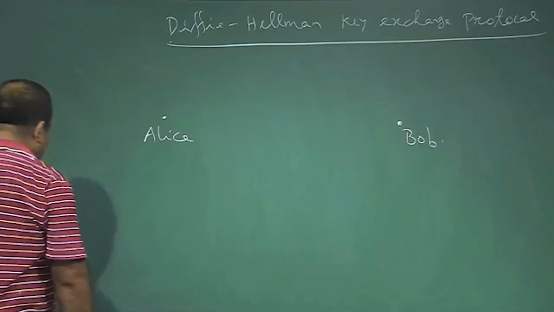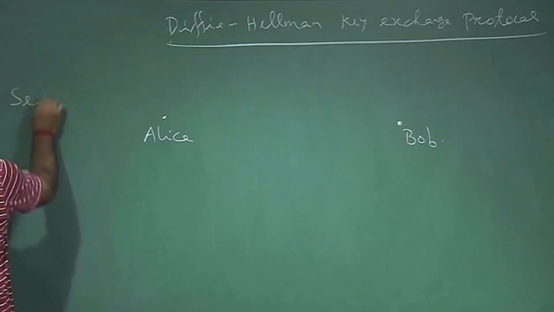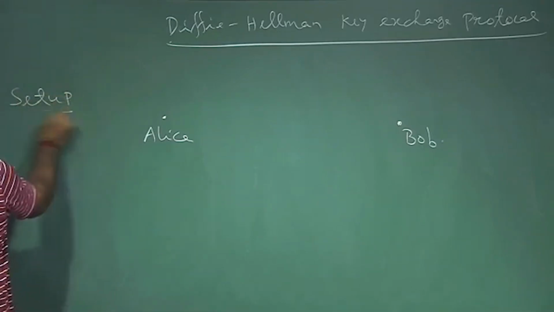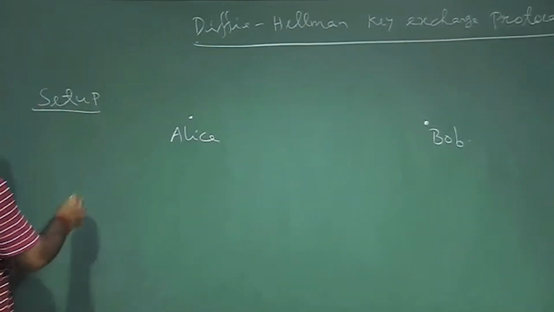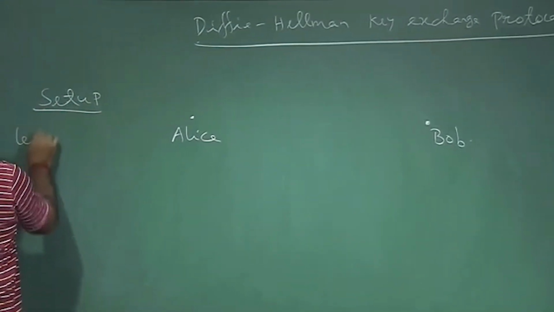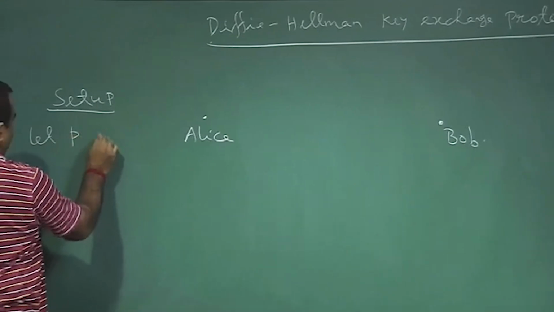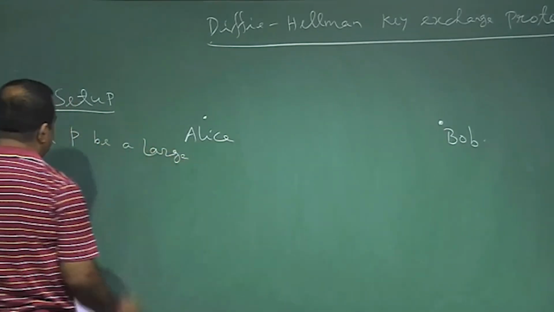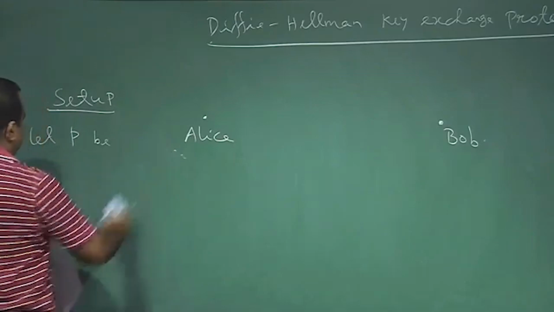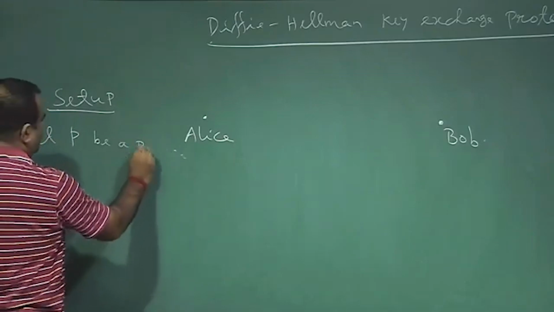So what do they do? This is the setup phase. They first agree on a prime number. Let P be a large prime. Why large, we will come to know. For the time being, just let P be a prime.